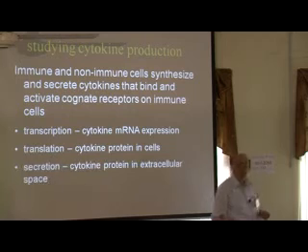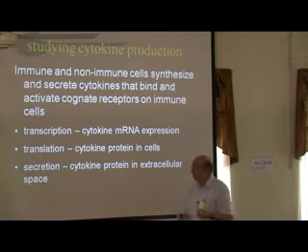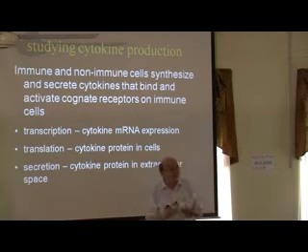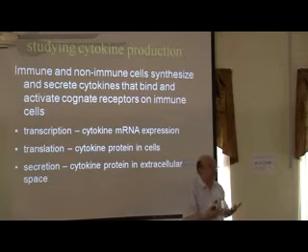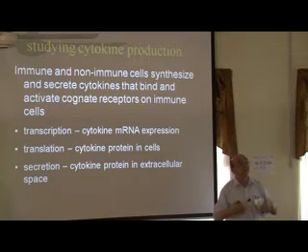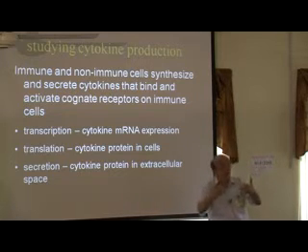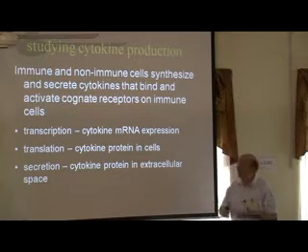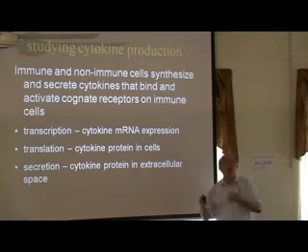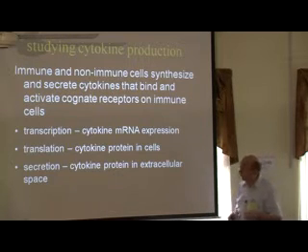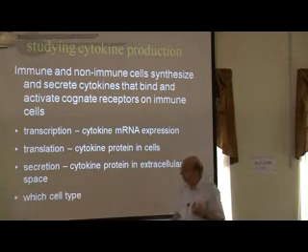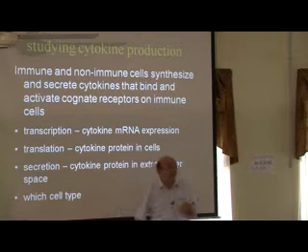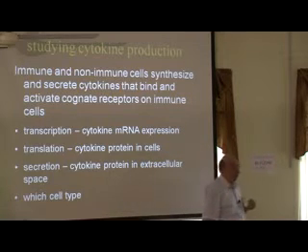Third is to find out whether cytokines are in fact secreted into the extracellular space, since they have to diffuse and act upon neighboring cells in a paracrine and sometimes autocrine fashion. And finally, we would like to know which cell type produces each of those cytokines.